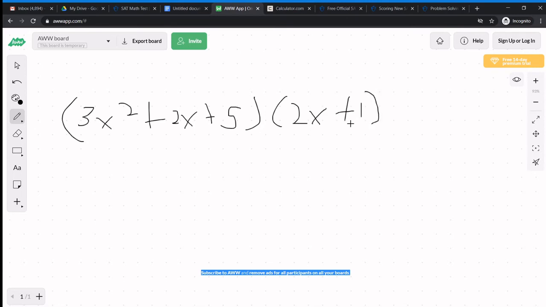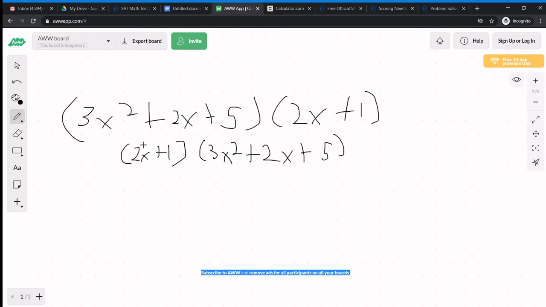What do I do here? Here's what you do. You take the smaller expression, right? In this case, it's 2x plus 1. You take the smaller one because it's easier. You rearrange that to be first. Again, this is just ease of mind. You don't actually need to do this, but I prefer doing this because it's easier to see.